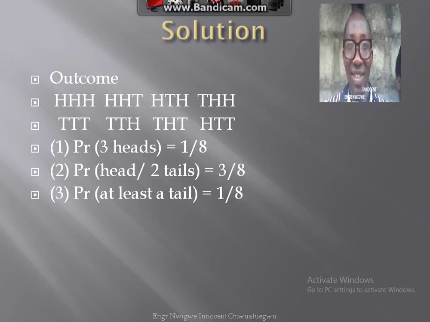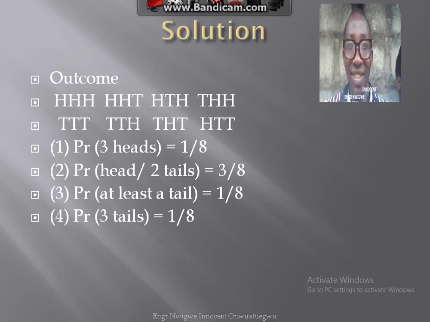Then the probability of at least 3 tails is also 1 over 8.